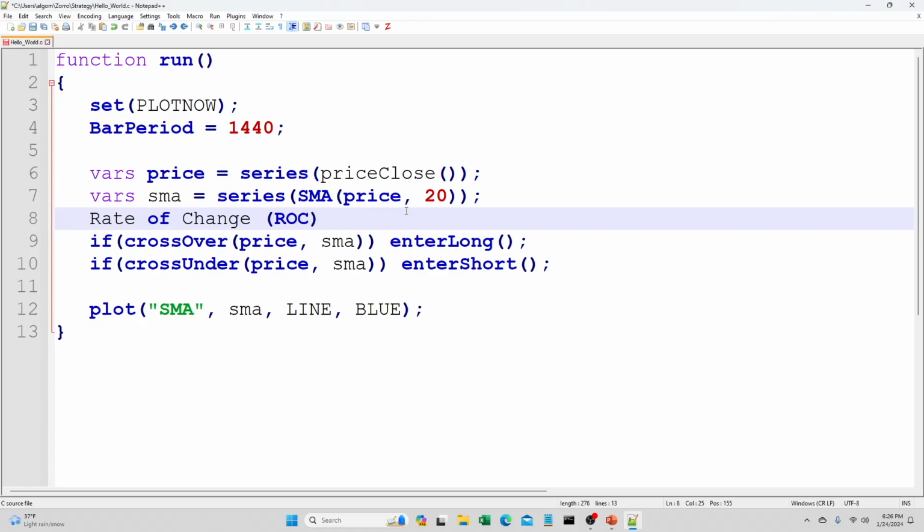I don't think that helps unless you know what the derivative is. So if you don't understand that, then here is my simple example. It's an indication of how quickly the price changes.